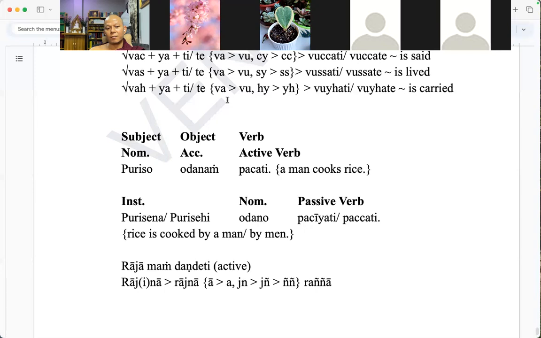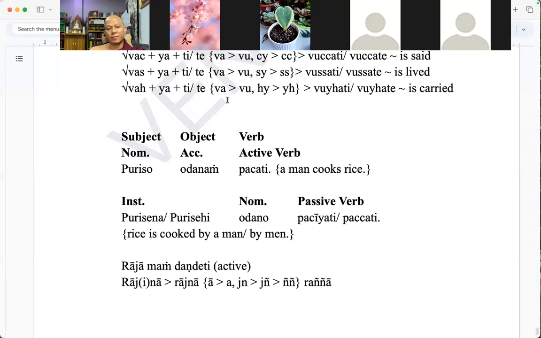Why can it accept it that way, Bante? Sorry, I mean that in the passive verb sentence, the instrumental can be either singular or plural. Why can it accept that?